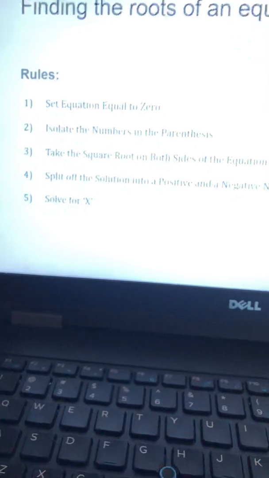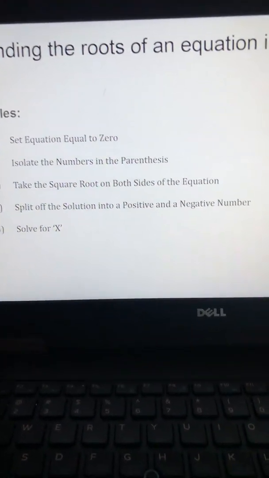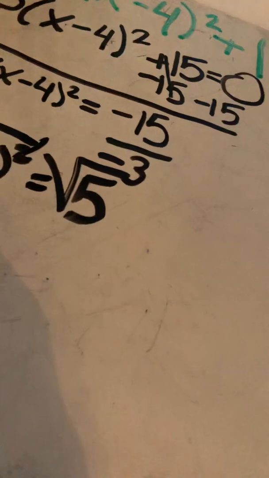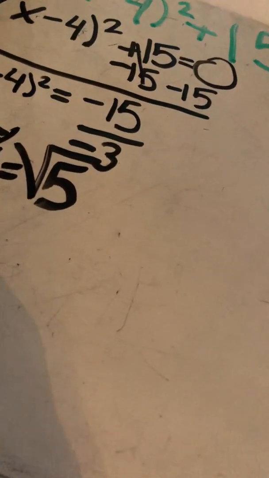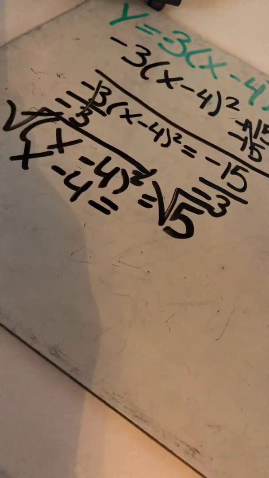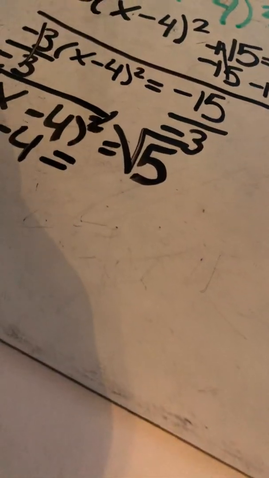Now I have to take the square root of 5 and split off the solution into a positive and a negative number. But can I take the square root of 5? What number times itself gives you 5? Nothing. So instead of just saying, oh, no solution, I can't solve this problem, there's still such things as positive square roots and negative square roots.